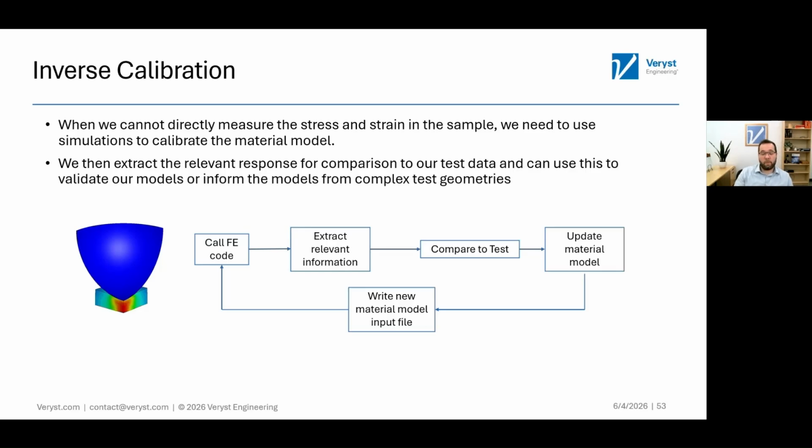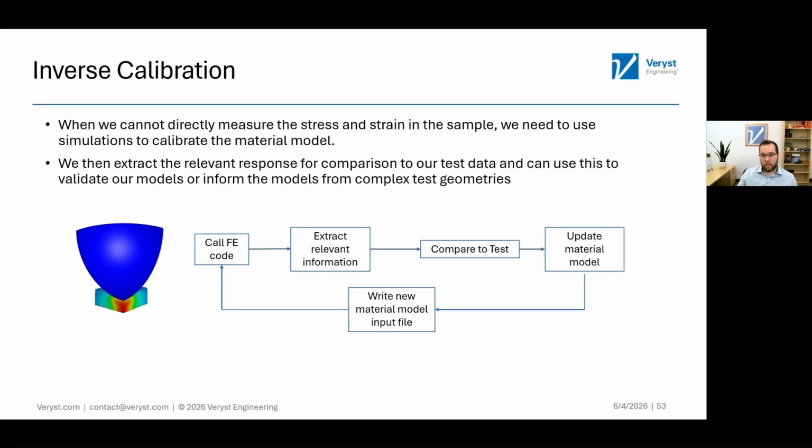So this could be force displacement. This could also be your strain field from DIC, or any other variables that you can get from your FEA code and you've got from your experimental data.